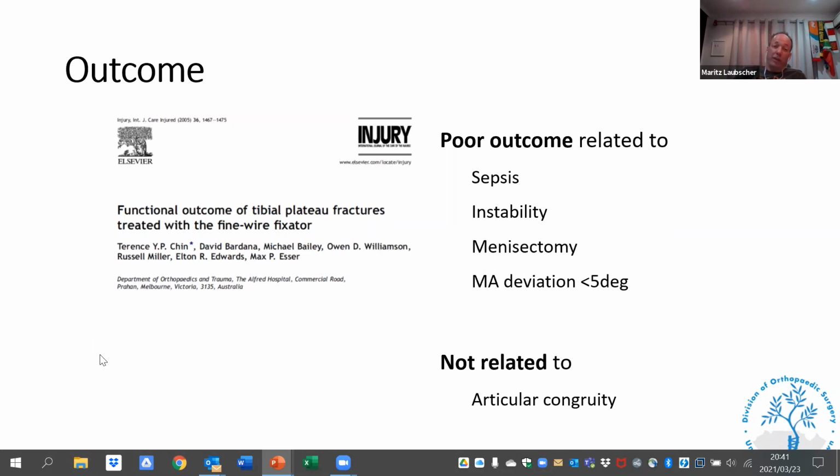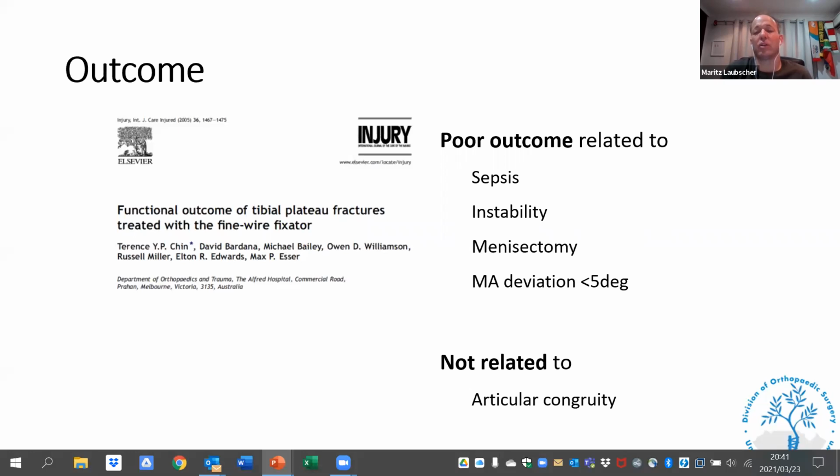If you look at the outcome of plateau fractures, poor outcome is related to sepsis. That's quite obvious. Instability, and this is, as I said earlier, bony instability, mostly due to not restoring the rim or the condylar width, so having unstable range of motion of the joint.